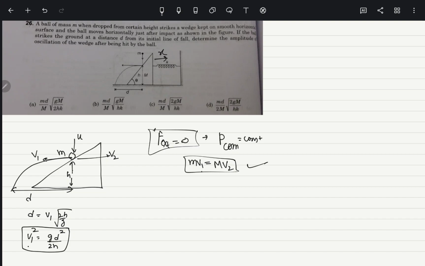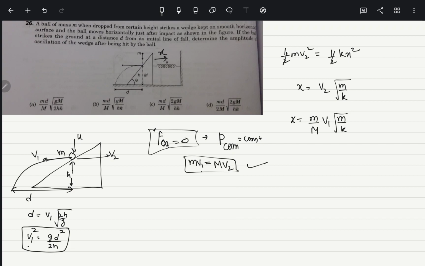So this half M v2 square kinetic energy will convert into the potential energy of the spring, half k h square, and this h is the amplitude of its oscillation, right? So half gets cancelled here. So h is equal to v2 root M by k, right? And what is v2? v2 is m by capital M, v1.